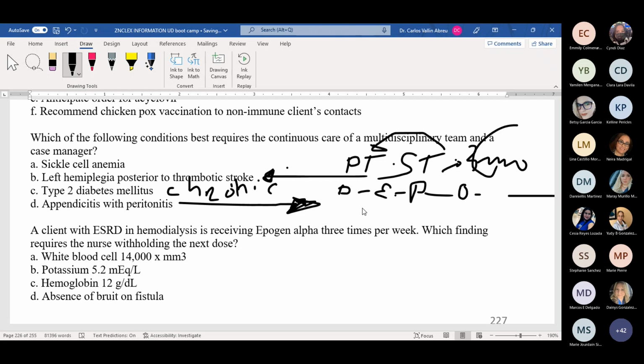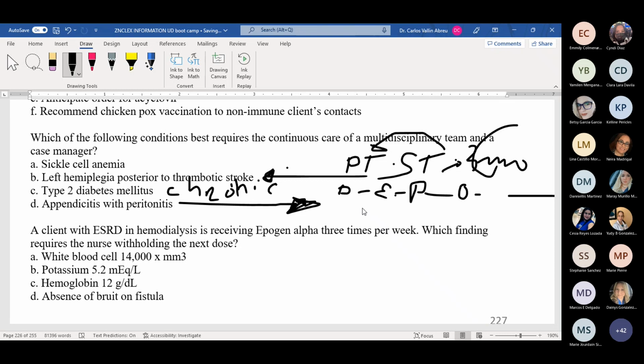Which one do you think is going to require more specialists and somebody, preferably a registered nurse, interacting with all those members of the multidisciplinary team and managing the case?